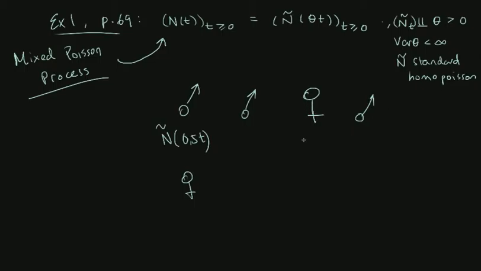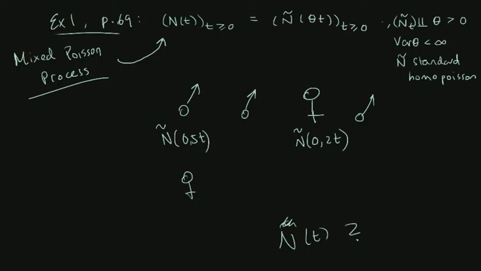However, maybe the females are more careful drivers or drive less, who knows. But statistics might show us that on average they only have 0.2 claims per year, which means that 1 claim arrives every 5 years. So you will have to look at a population and say, what can I say about my claim number process in general?